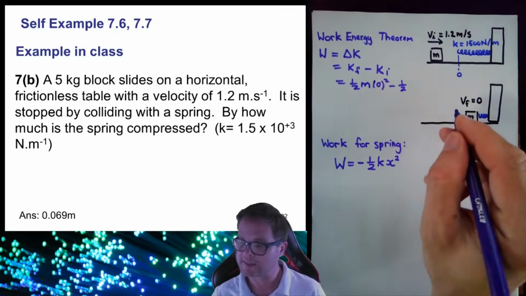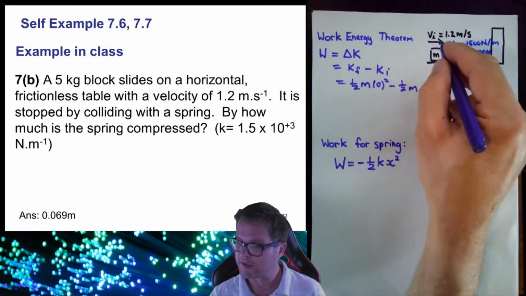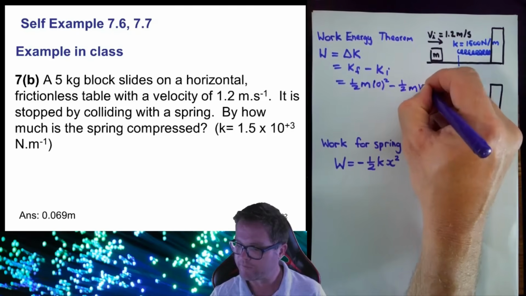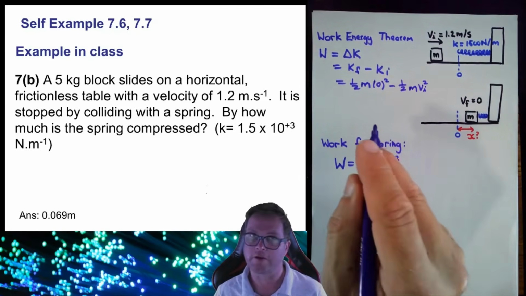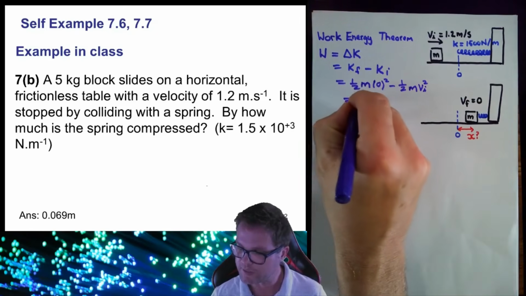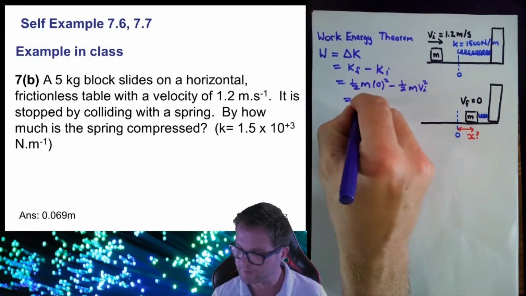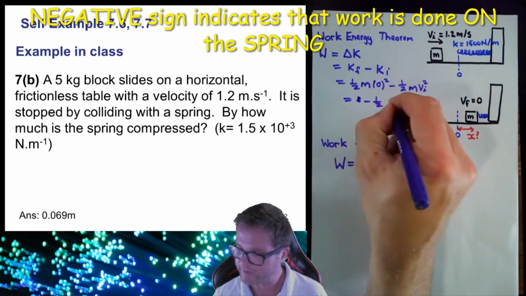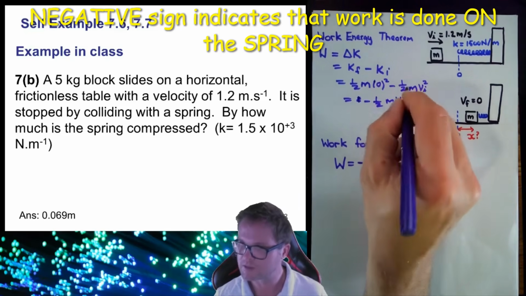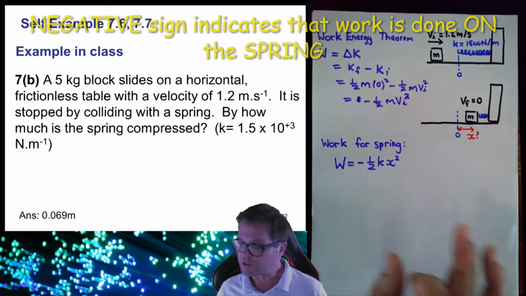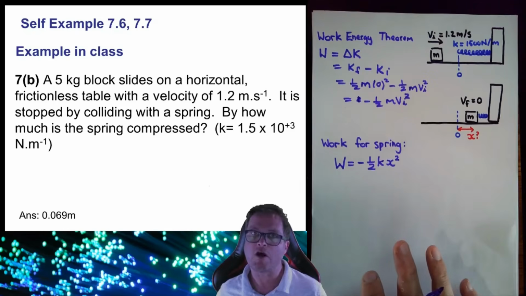The initial kinetic energy will be half m, and the initial velocity will be vi squared. We're actually given that value. So then this is going to be equal to minus half mvi squared. We also know that the work is given by minus half kx squared.